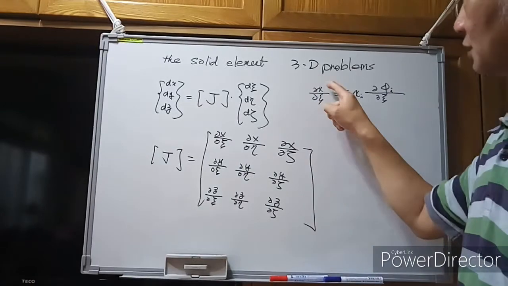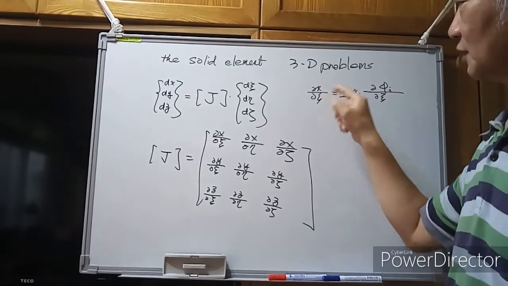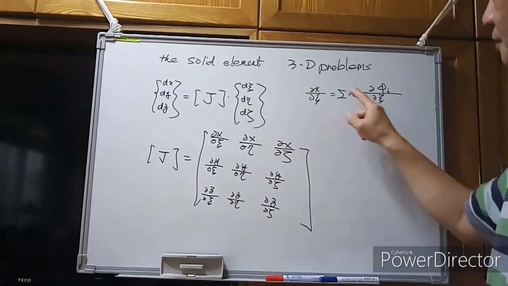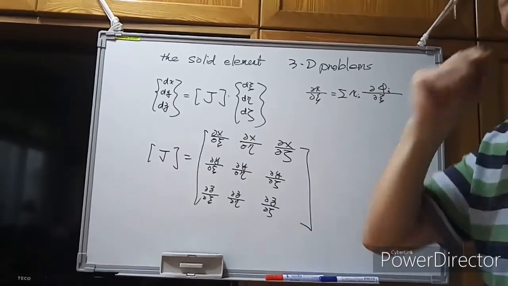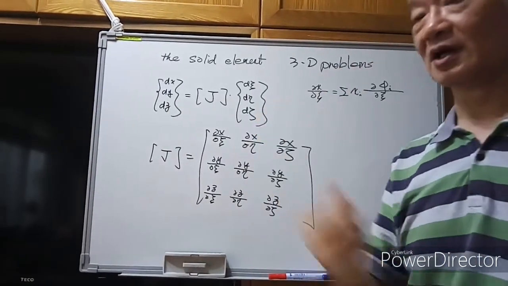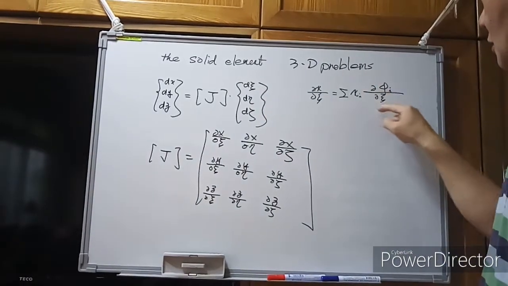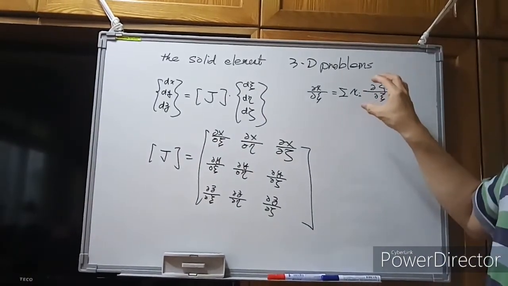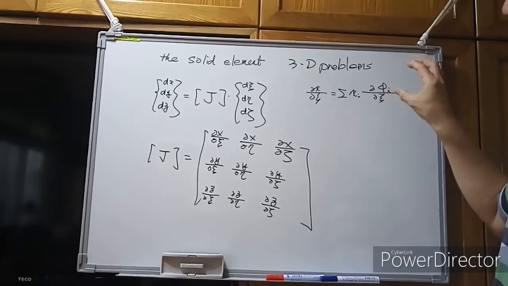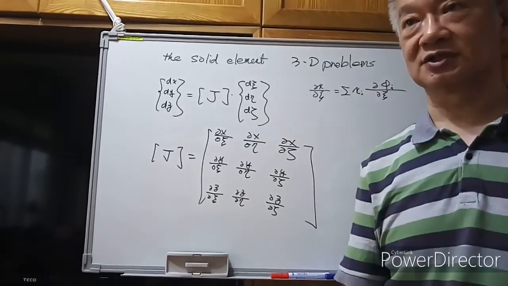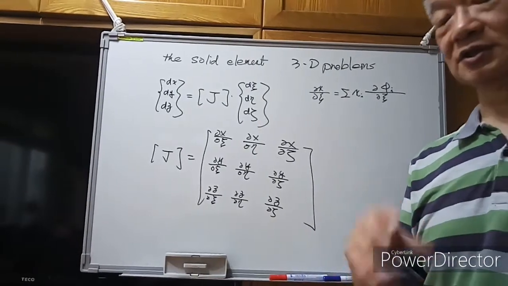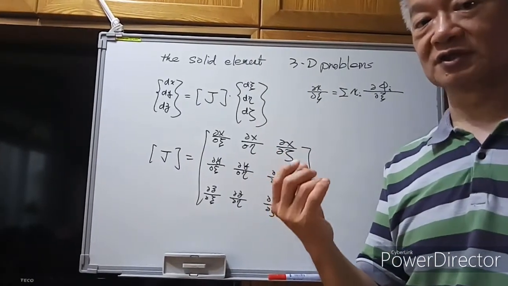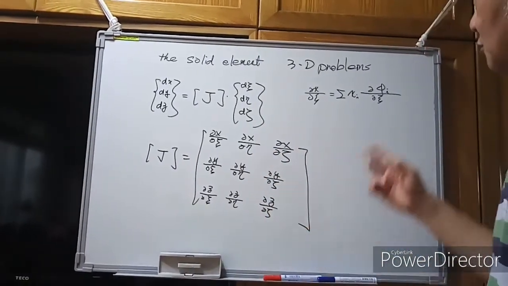So when we take the partial derivative of x with respect to xi, it will be the summation of xi times the partial derivative of phi with respect to xi, and we can calculate these functions. The partial derivative of phi is still a function of xi, eta, and zeta.